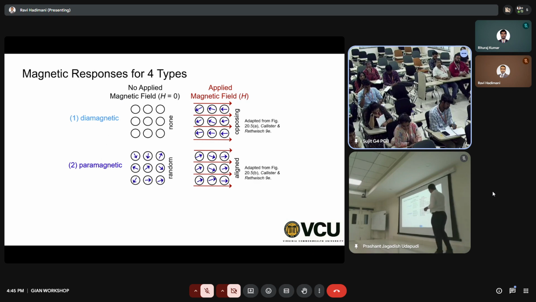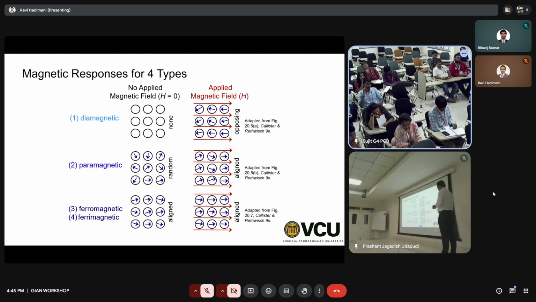The net vector sum of the total magnetization will be smaller. Whereas for a ferromagnet, the spins are randomly oriented when you don't apply any field, and when you apply a field, they all orient in the direction of the field, and you get a very high net magnetization. Okay, so is that clear?